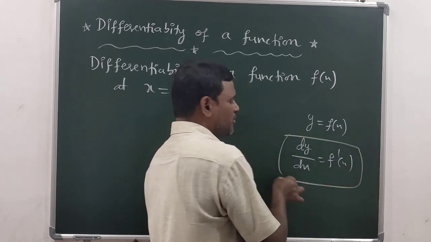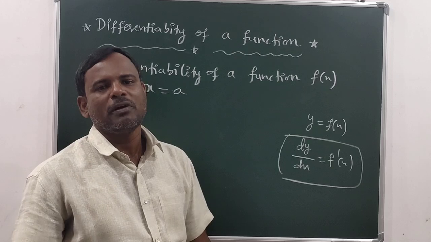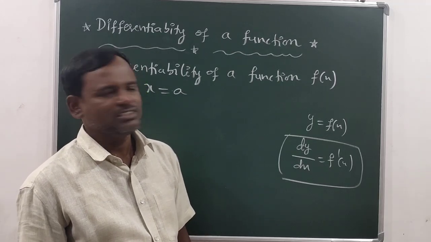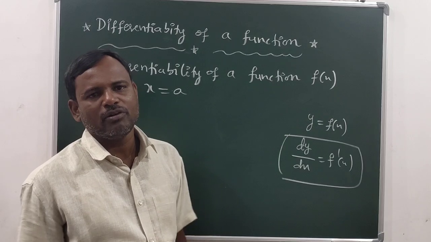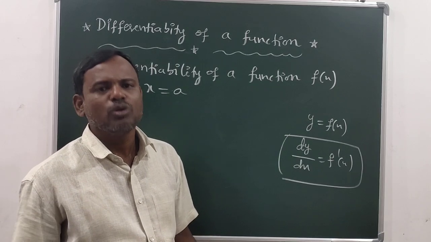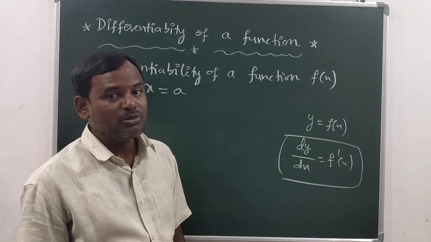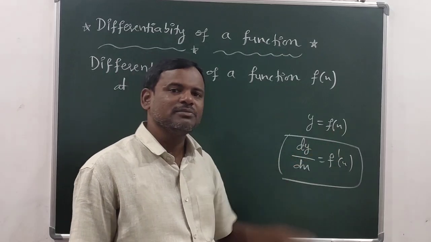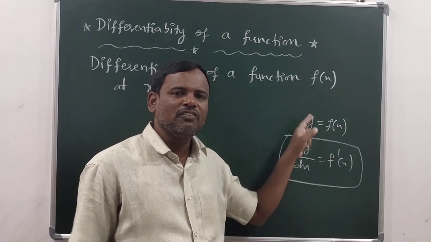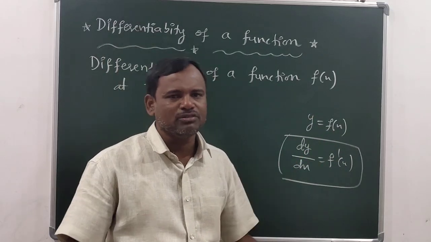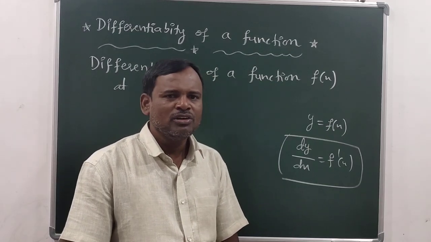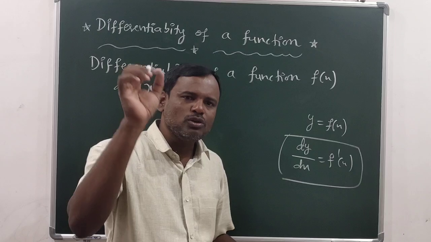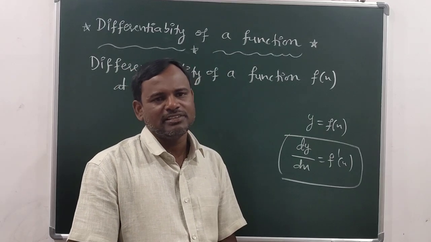Actually, derivative is nothing but the slope of a tangent which is drawn to the graph of this function. What is meant by derivative of a function? Slope of the tangent which is drawn to the graph of this function. If you draw the graph of this function, we get a curve. For that curve, you can draw the tangents, no? So this derivative represents the slope of that tangent.